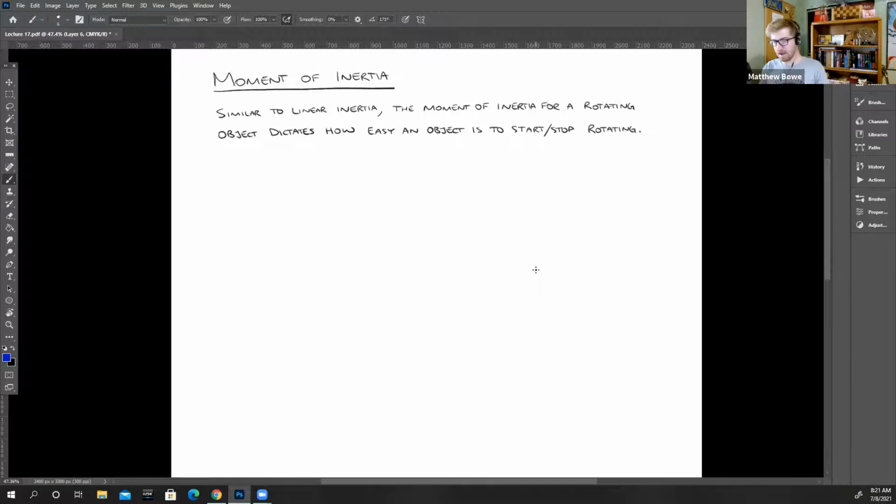All objects with mass have inertia. Inertia is just the willingness for a mass to change its current velocity. So if something has a large inertia, it resists changing in velocity. If it has small inertia, it changes velocity very quickly. That was in the linear sense. So left, right, up, down, some sort of vector in a straight line.